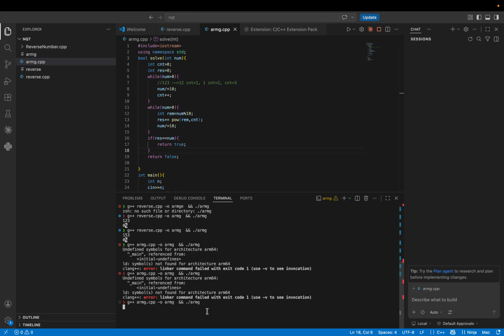Now it rained. Wow. What will 1 2 3 give, by the way? Check. 3 to the power 3 is 27. 2 to the power 2 is 4. 1 to the 1 is 1. That is 8. This can never give 123.